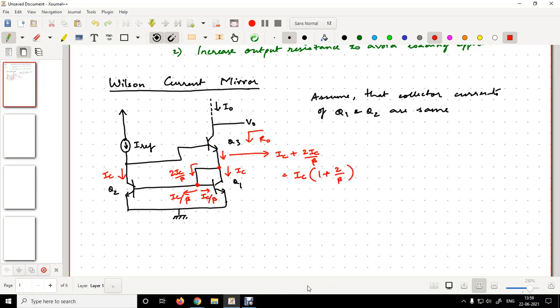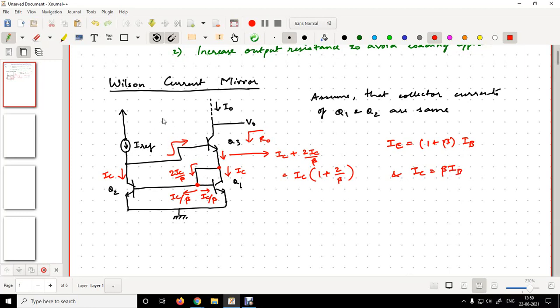This current is the emitter current for Q3. Therefore, this current will be the base current of Q3. What is the relation between emitter current and base current? Emitter current is 1 plus beta times IB, and collector current is beta times IB. This we already know.